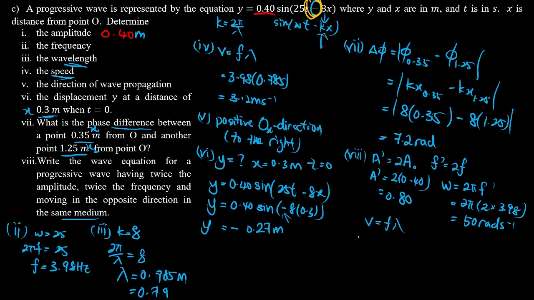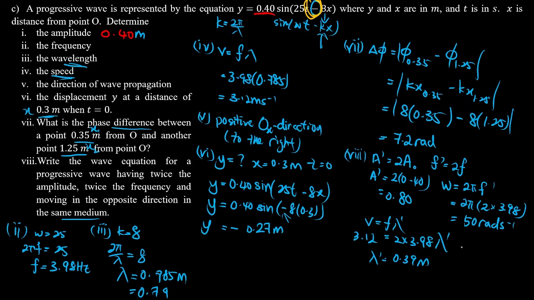Your initial v, you can refer to question number 4, which is 3.12 meter per second. Your new f is 2 times 3.98. So after you calculate, you will get your new lambda as 0.39 meter.